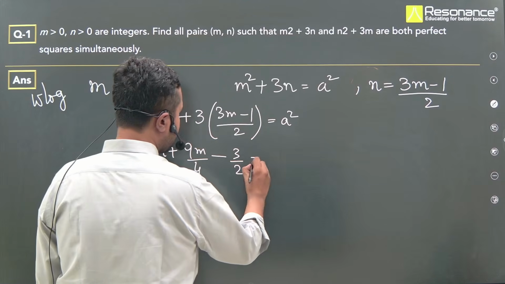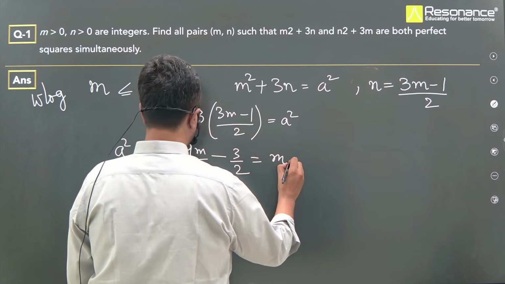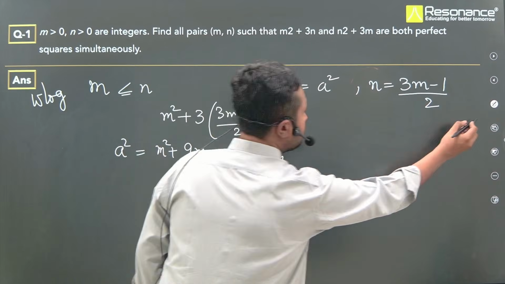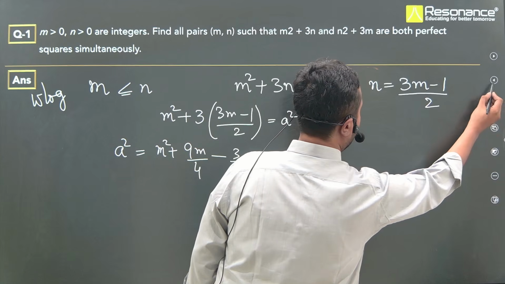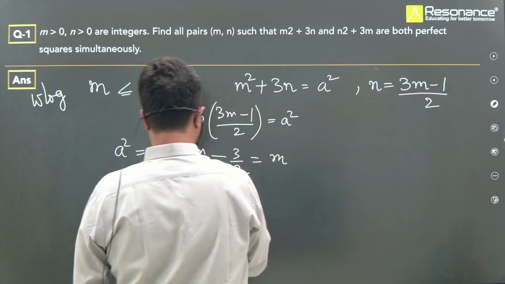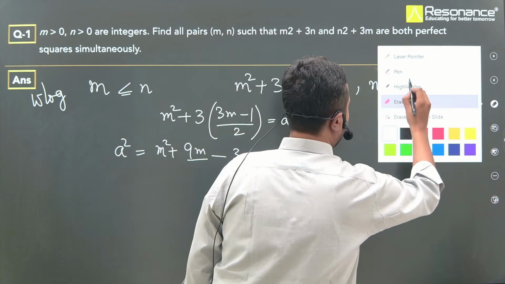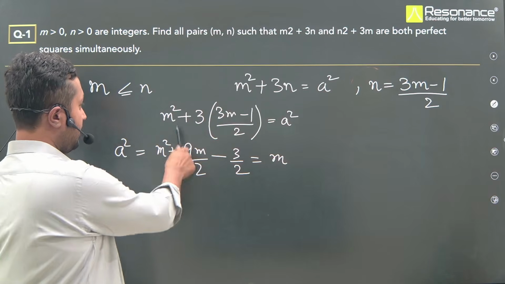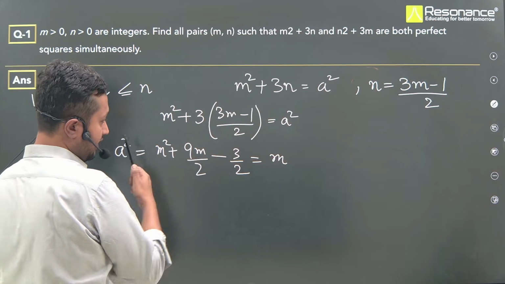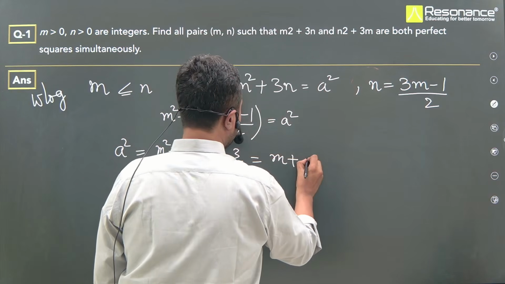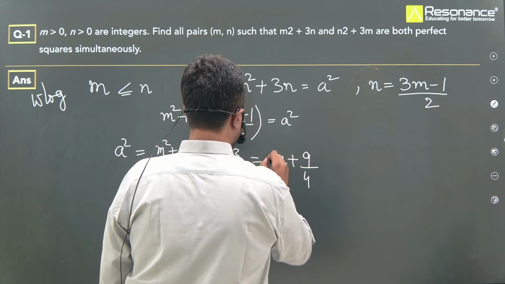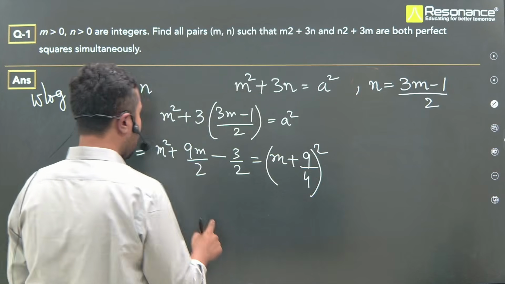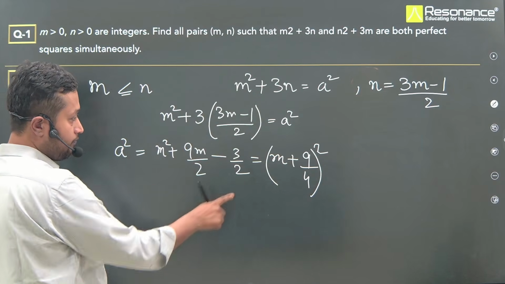And you can complete the square. So what do we have? Ouch. So this is supposed to be 2, because 3 times 3 divided by 2, so that gives us that. And if you complete the square, you will say it is M plus half of the middle coefficient, 9 by 4.